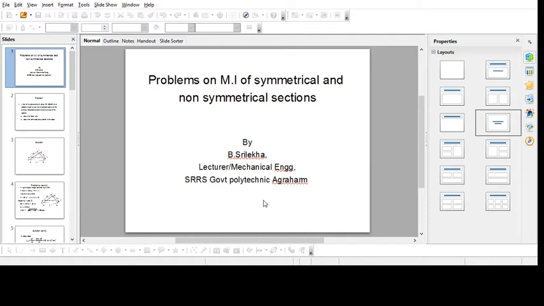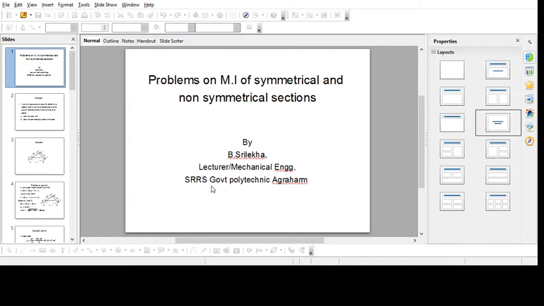So here x1 would be 120 by 2, which means 60. Next y1 would be 20 by 2, which means 10. Now coming to the second one, the x term is simply 10 by 2 because it is on the y axis.